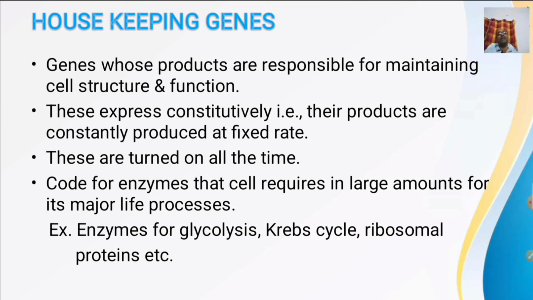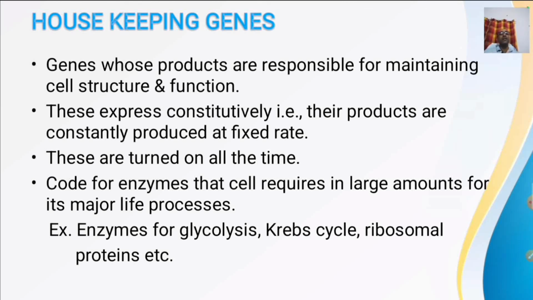These housekeeping genes generally code for enzymes that the cell requires in large amounts and for its major life processes. These include enzymes for glycolysis, Krebs cycle, ribosomal proteins, etc. So we can say that gene regulation is done to conserve energy in case of prokaryotes. Regulation is also found in eukaryotes, which we will study in some other classes.